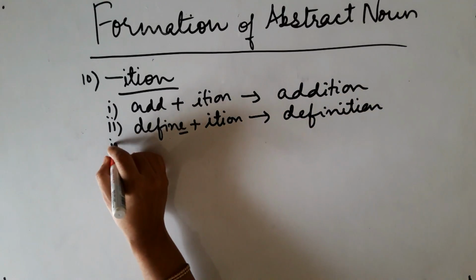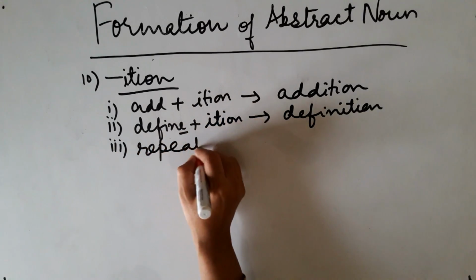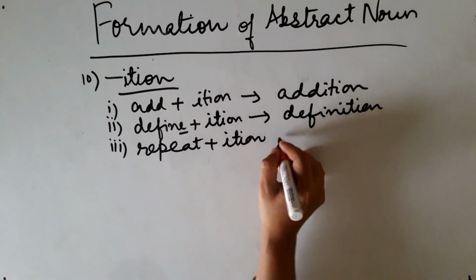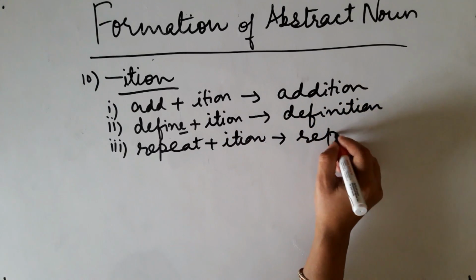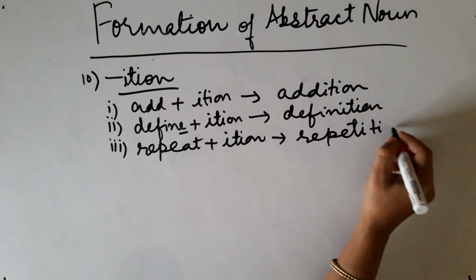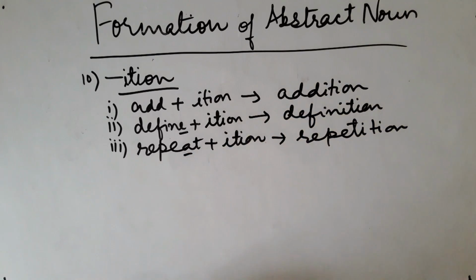Another word I have with me is repeat. We will simply add i-t-i-o-n and it becomes repetition. So what did I do? In case of repeat, I have replaced a and then added i-t-i-o-n.